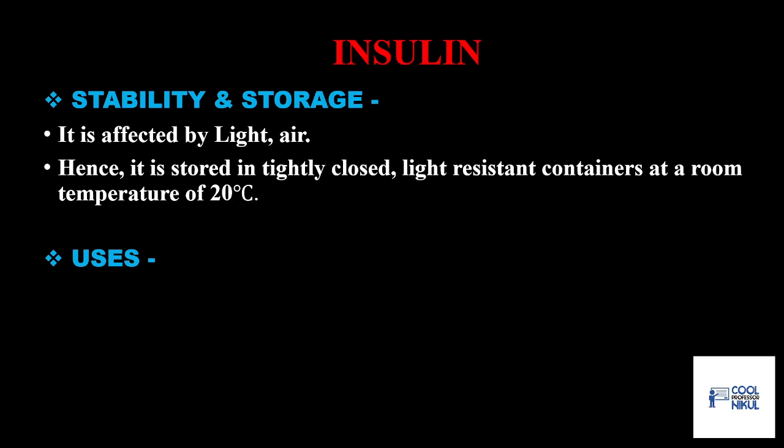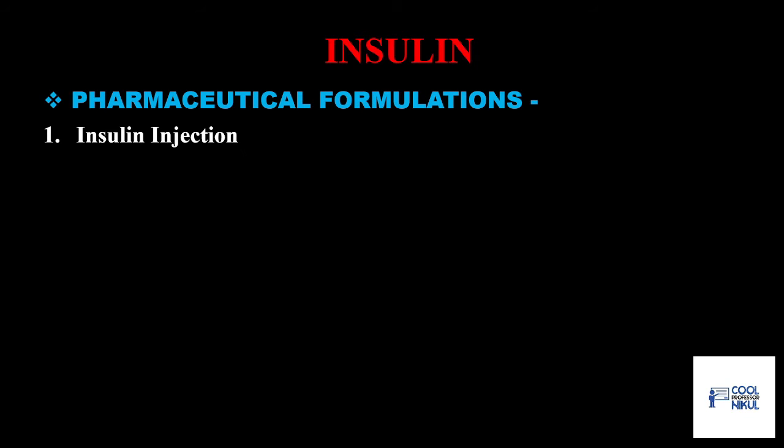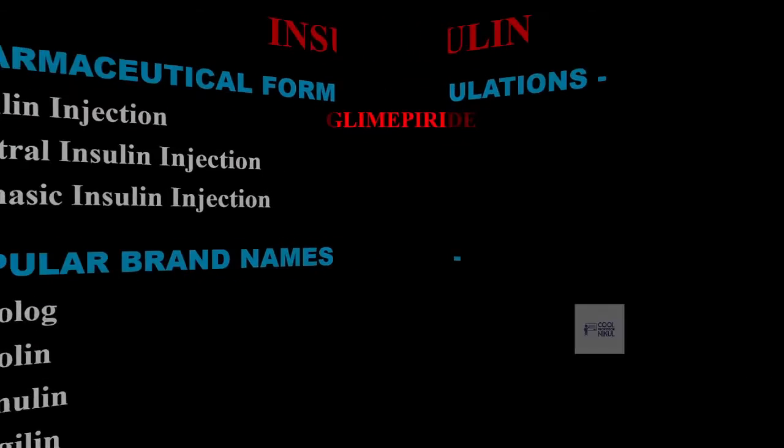Uses are, it is effective to control diabetes mellitus, used to regulate carbohydrate metabolism and used to treat hyperkalemia. The pharmaceutical formulations of insulin are available in the form of injection, neutral insulin injection and biphasic insulin injection. Popular brand names are Novolog, Novolin, Humulin and Fungilin.